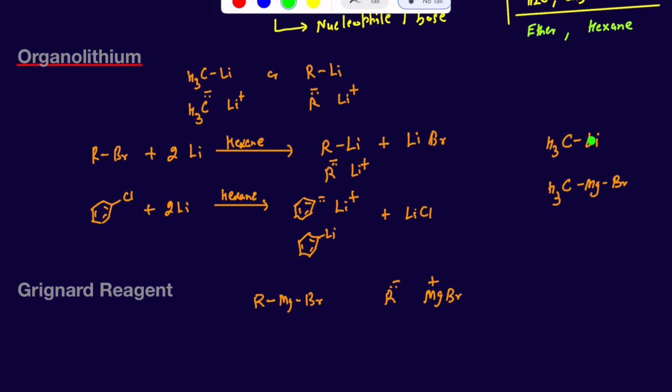So as a result, organolithium tends to be more reactive than the Grignard reagent. However, they do a lot of similar reactions. So anything that Grignards can do, very likely the organolithium would also do. But if I want to just compare between those two, organolithium is going to be more reactive than the Grignard just because of the electronegativity differences. And it's not that they are always going to be doing the same type of reactions.